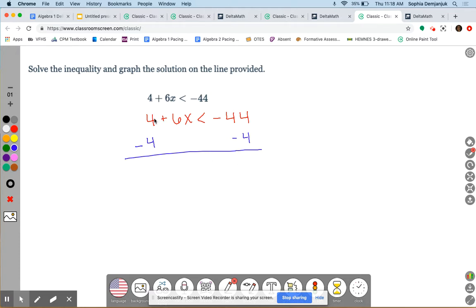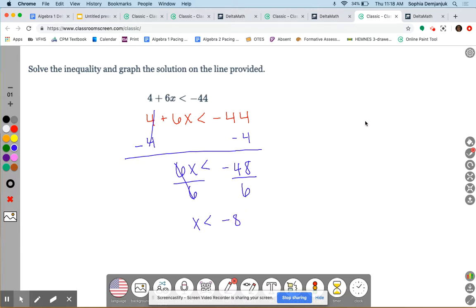When I'm doing this, 4 minus 4 cancels out. I'm left with 6x is less than negative 44 minus 4, which gives me negative 48. Now I want to divide both sides by 6. X is less than negative 48 divided by 6, which gives me negative 8.